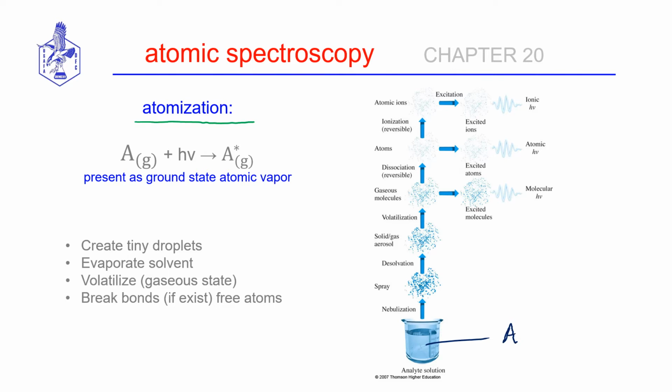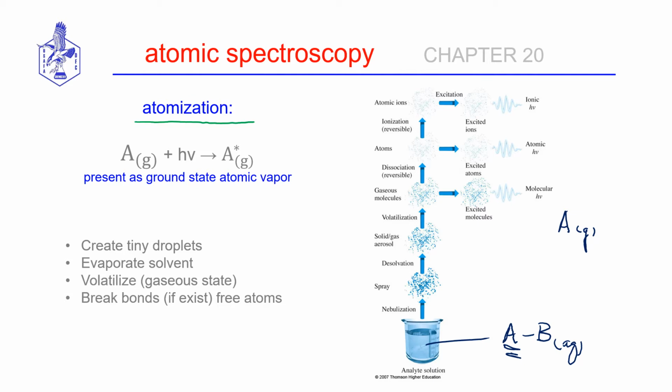It could be bound or bonded to some other species and it's in solution. So to use these techniques, I have got to get this element, A, up into the form in which it's an atom, a free atom, in the gaseous phase, and it's the ground state gaseous phase. So what has to happen along the way?